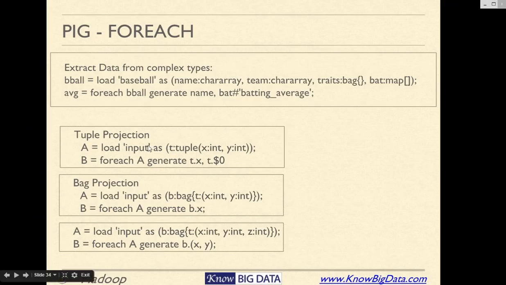Okay, so you can also do a tuple projection. If your input data is like this, there we said map name followed by a pound. Here we say t dot x or t dot $0. You can use positional parameters, or you can use the name of the column. You can also use bag projection. So you can say for each a generate b dot x, right? So you can do that as well.